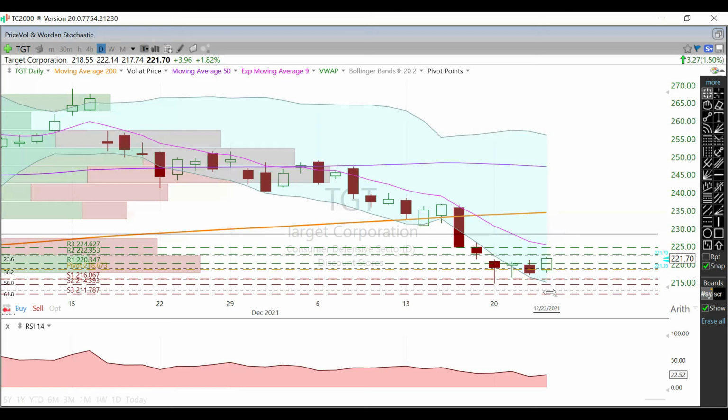What exactly are we looking for? Same with supports. Our supports down here below the pivot are going to be that 216.06, 214.39, and then the 211.78. So it's a really nice formulation just to give you a quick idea of immediate supports and resistances. And if you are trading above that pivot point or center line, if you close above that pivot point, that is considered a bullish move.